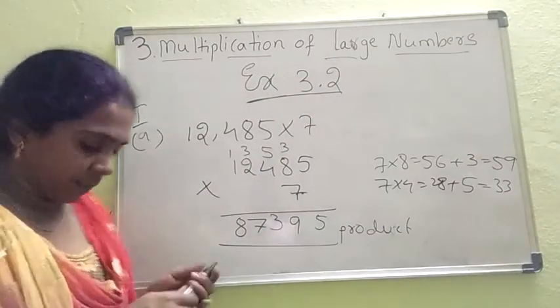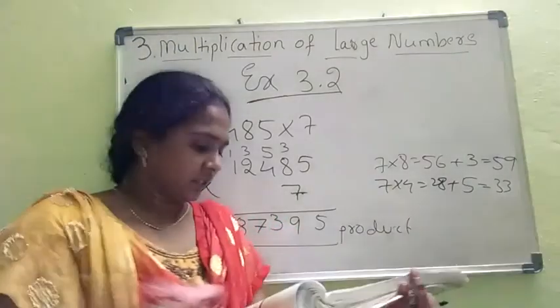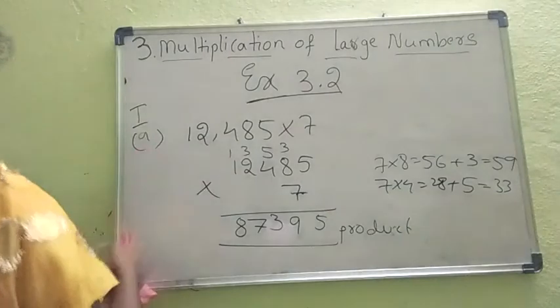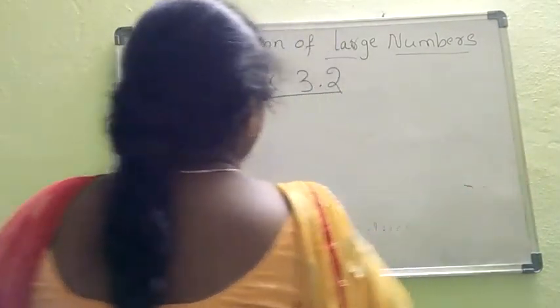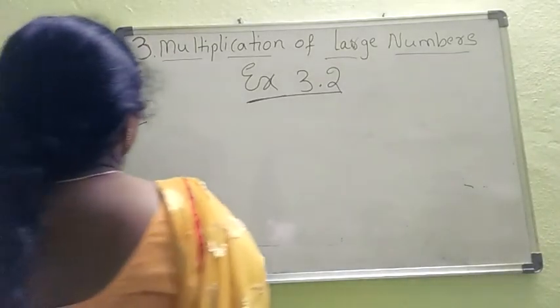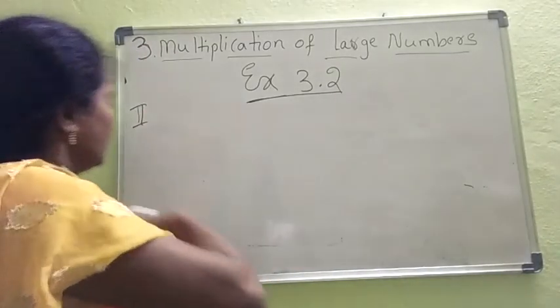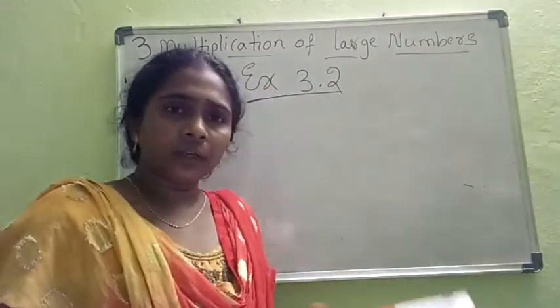Okay. Next. In this exercise we'll do the second question, that means the second bit. The second bit also is the same: multiply the following numbers.